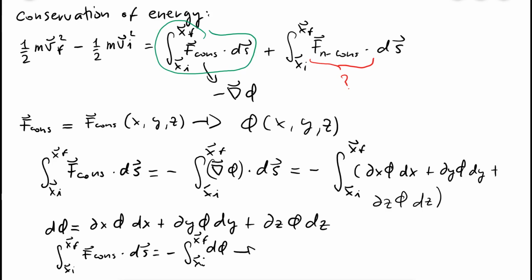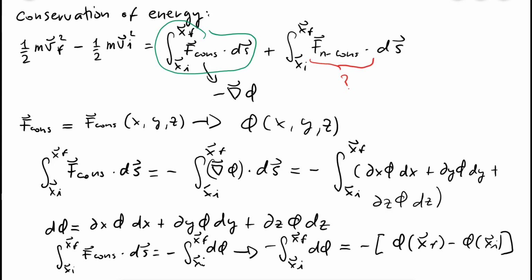And so, according to the fundamental theorem of calculus, this is going to be the integral from xi to xf of d phi. You can write it as minus phi of x final minus phi of x initial.